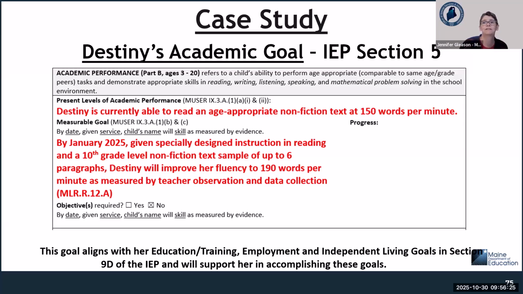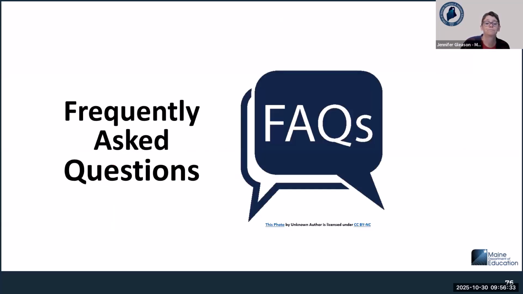And it will also help with independent living. So this one also helps with all of her post-secondary goals. So that's a good example of when you do the transition plan first, then you can make sure that your whole IEP is feeding that transition plan.